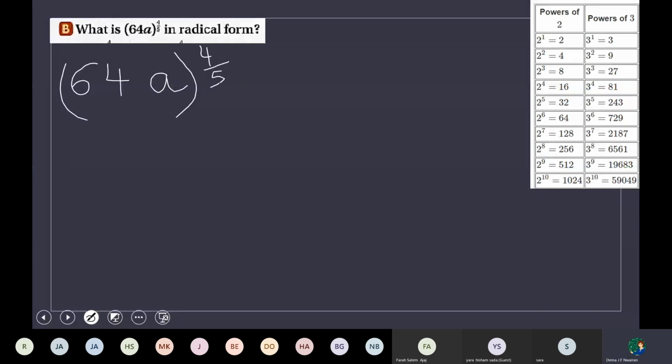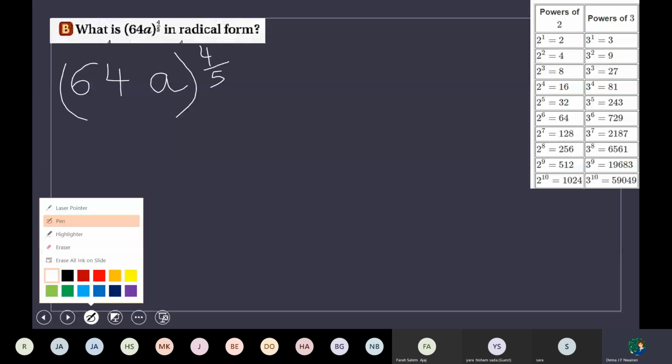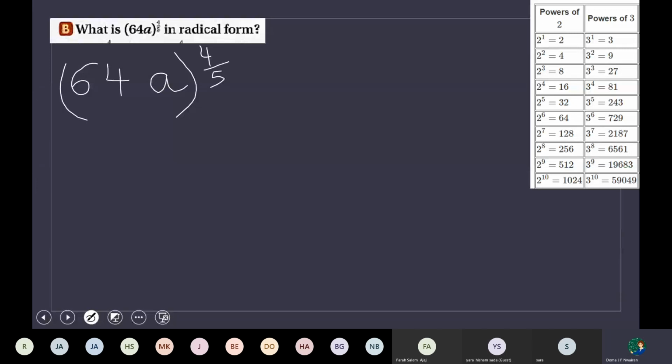Then, please girls, stay with me step by step. The first step, I will ask myself, what is the number that is written here? It is 5. So I need to rewrite the 64 with a number raised to the power 5.